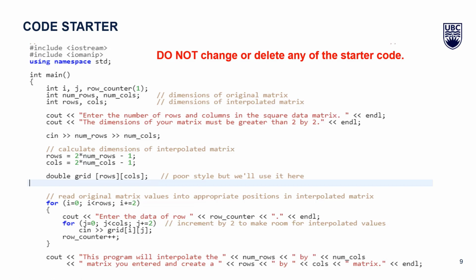We define our variables i and j, as we will use them as counters for the rows and the columns, and after that we define row_counter that we will use to define the row number.